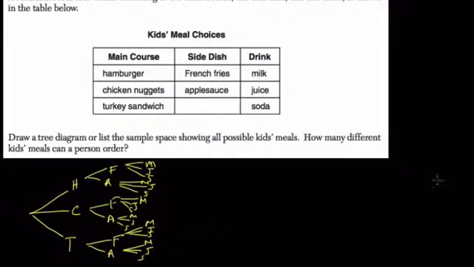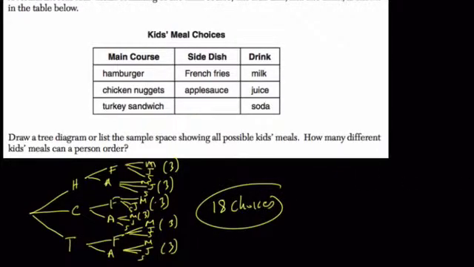So that's our tree diagram. And if you wanted to count, an easy way to do it is to say, oh, this is 3 choices here. Each end branch represents more choices. There are 3 here, 3, sorry for this terrible diagram, and 3. So it's 1, 2, 3, 4, 5, 6 threes, or there are 18 choices. Okay.